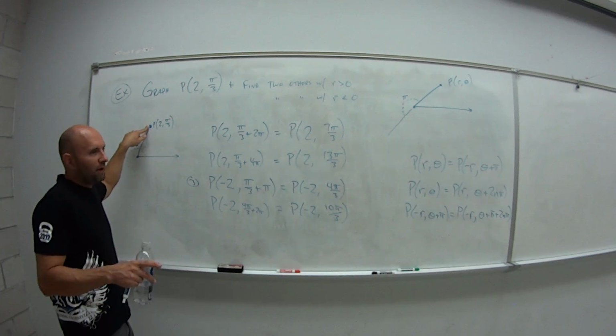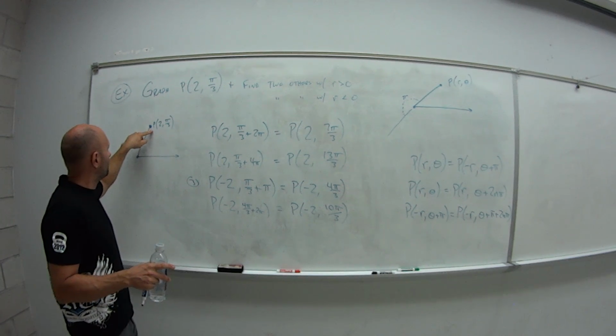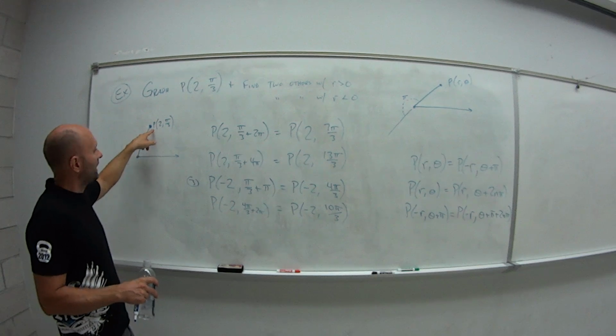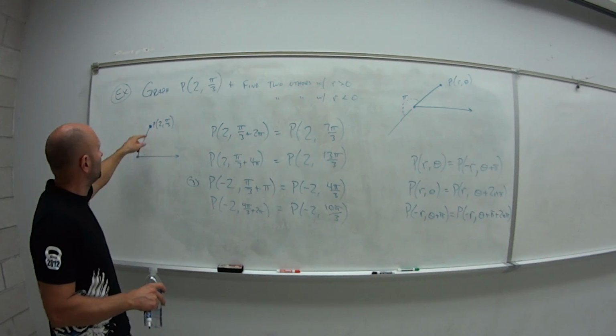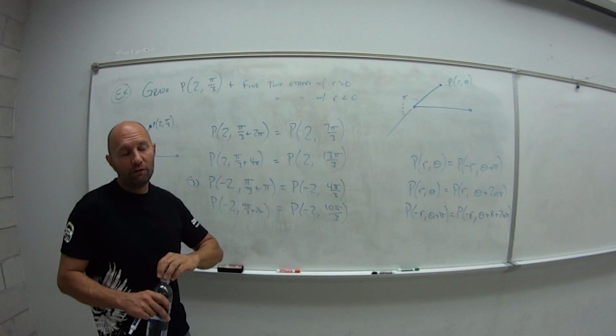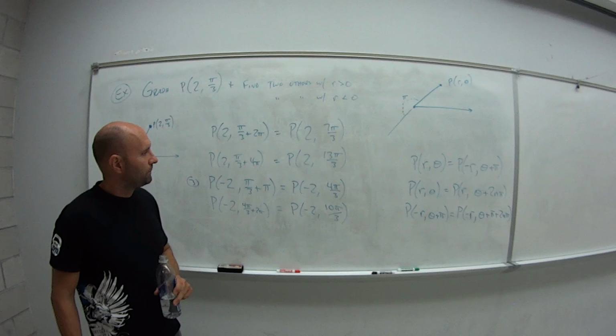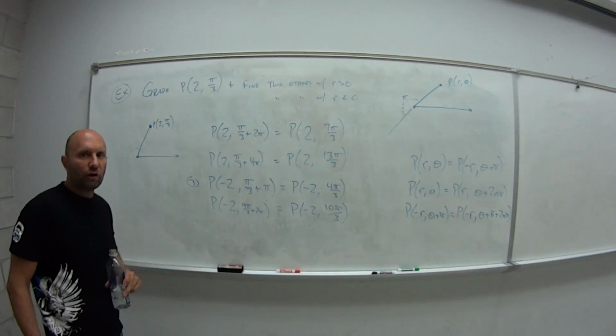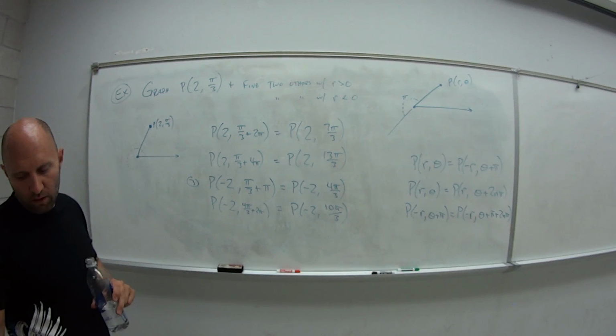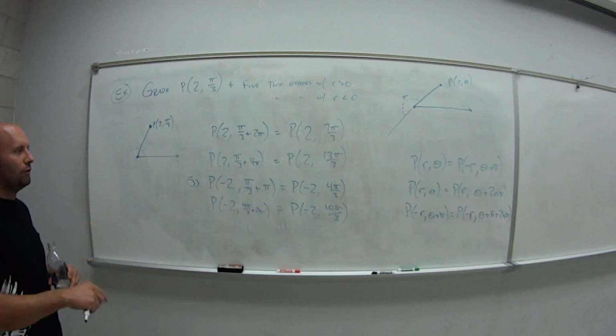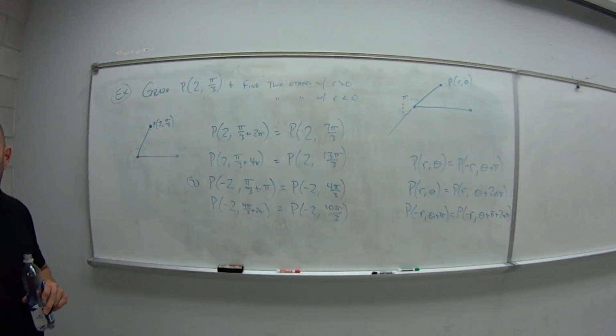We can't use positives and negatives to move that point around. But with the polar system, we can add values to theta, we can change the r to positive or negative, and it'll still get us to that same location. So that's the introduction to the polar coordinate system. Come on back, we'll show you how to convert from polar to rectangular and so forth.